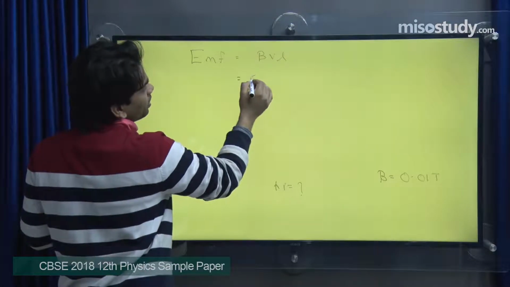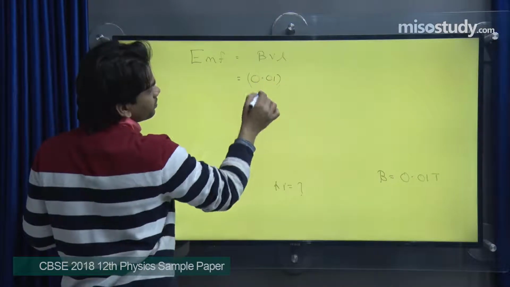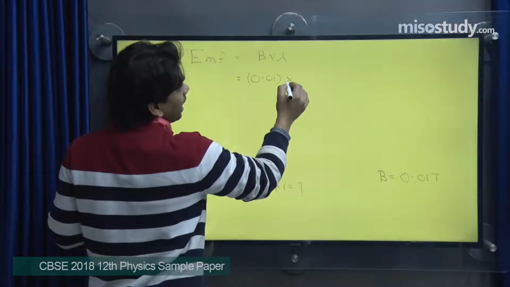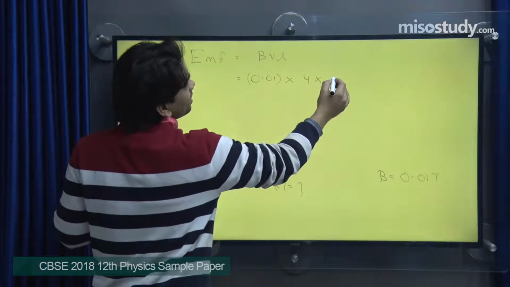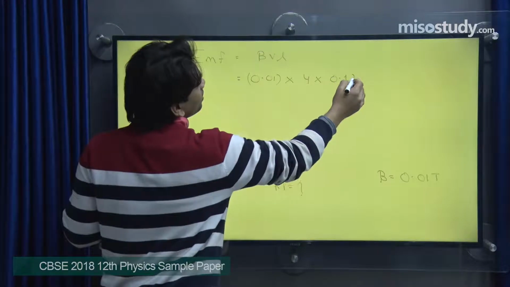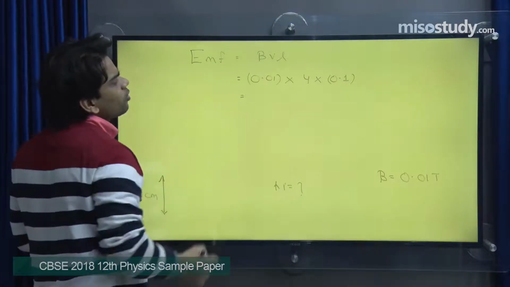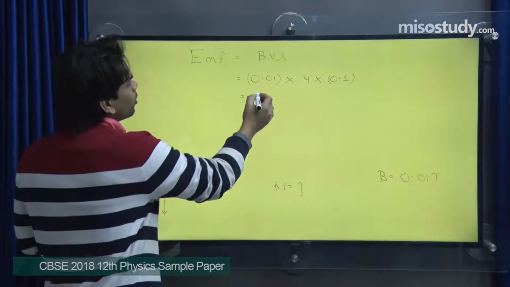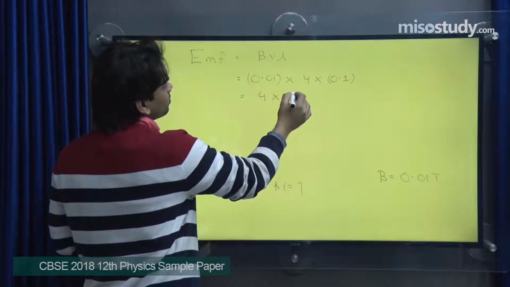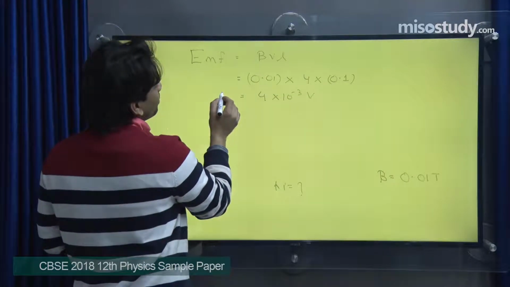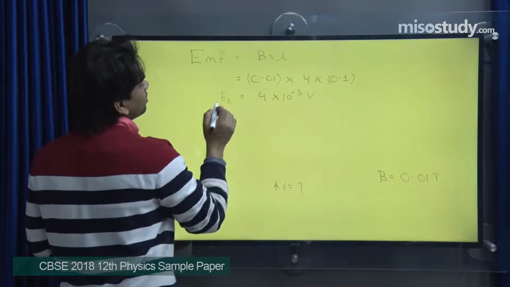The magnetic field is 0.01, velocity is 4 meter per second and length is 0.1 meters. If you do this, you will get 4 into 10 to the power minus 3 volts. Let's say this is EMF 1, so I am writing this as E1.